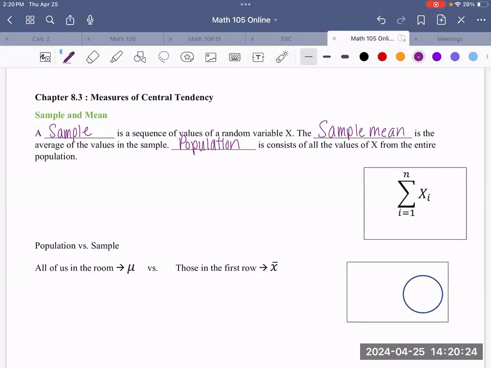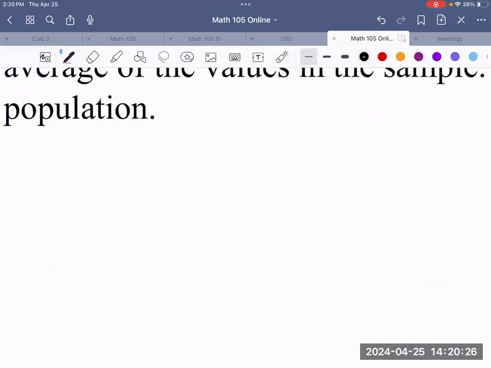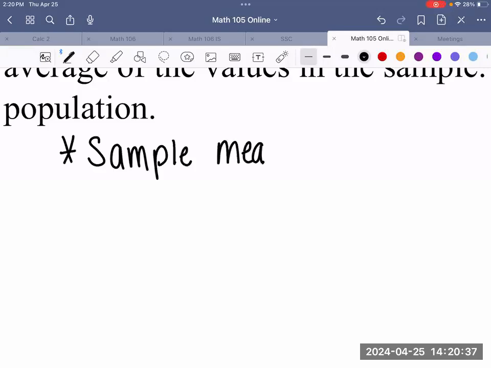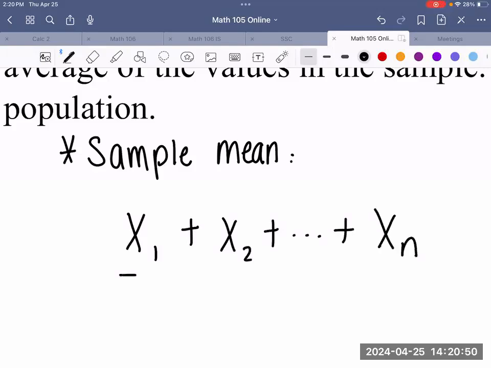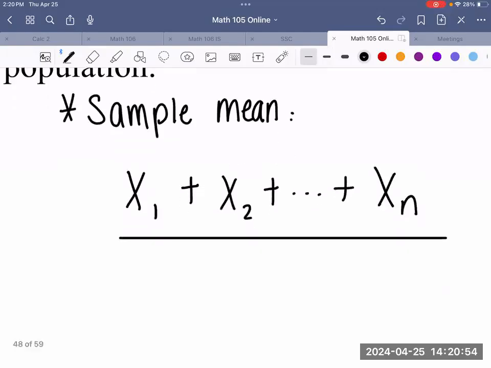Typically when we talk about a mean, there is a specific way to calculate it. For a sample mean, I'm sure you have calculated a mean before, but we take each of these x values and add them all up until we run out. Then we divide by the total number of values that we have, n.